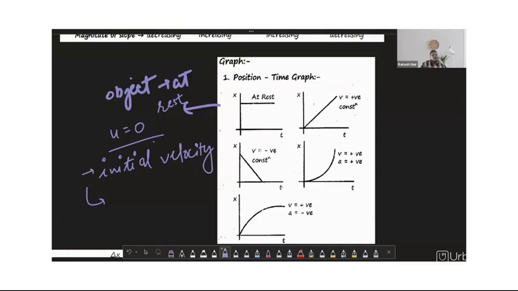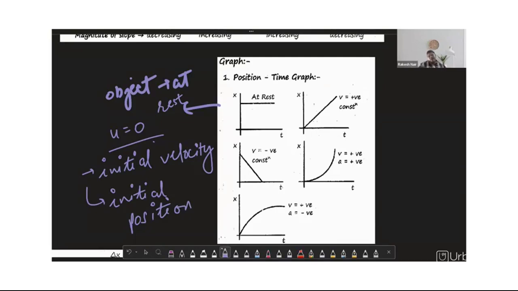Initial velocity and initial position are stated to be 0. That means the body is at rest. There is no motion observed. So when there is no motion observed, the position will stay unvaried with respect to time. That is the first condition.